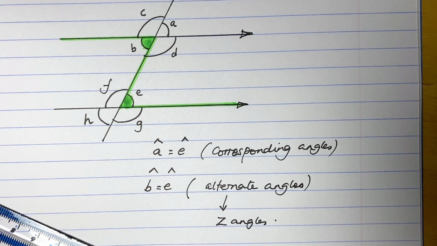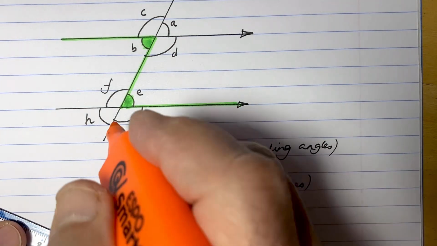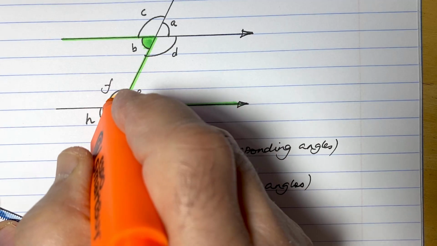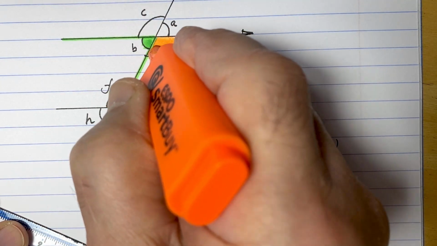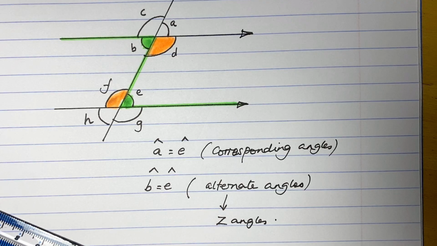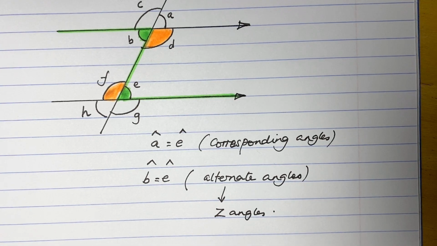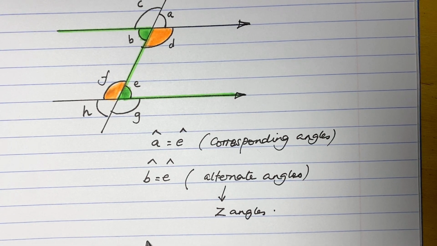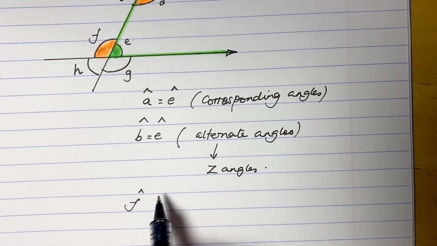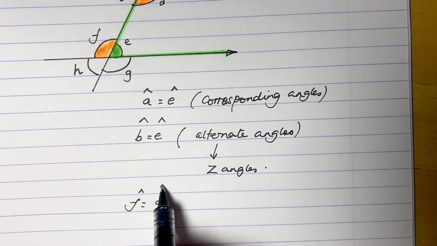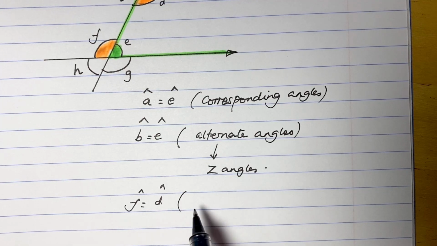It could be the obtuse angles. It could be this one, F and D would be the same. So you can say therefore angle F equals angle D. Reason: alternate angles.